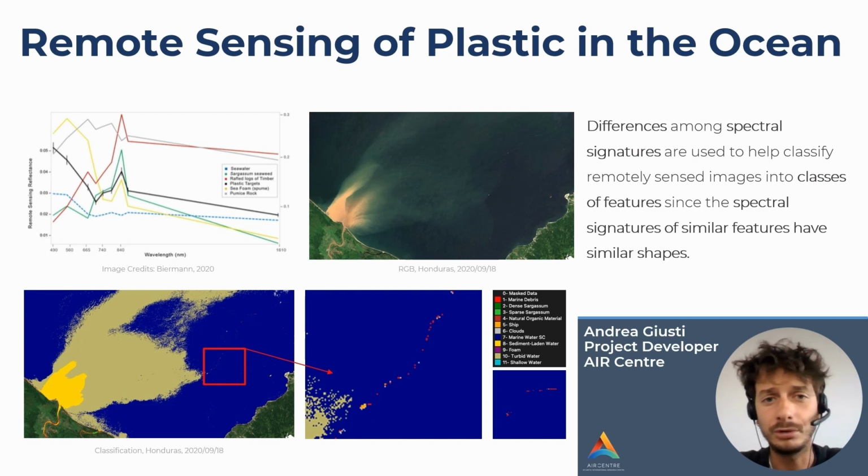For example, in the image here of Honduras, by knowing the signature of marine debris and other materials, it has been possible to classify and identify them in the satellite image. Later, we will see how remote sensing and machine learning techniques assist in automating this classification process and finally classify the satellite image.